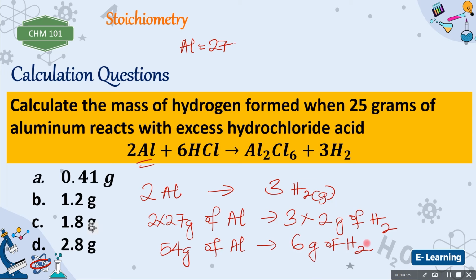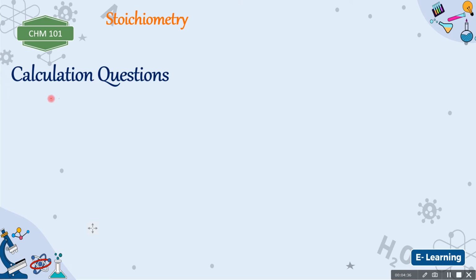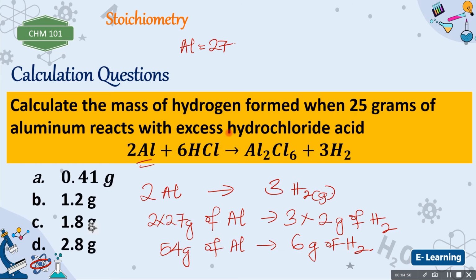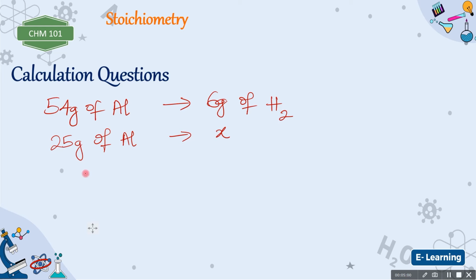They say 25 grams of aluminium. Calculate the mass of hydrogen formed when 25 grams of aluminium react. So if 54 grams of aluminium gave 6 grams of hydrogen, that means 25 grams of aluminium will be equal to X. All right, so we are going to cross multiply.